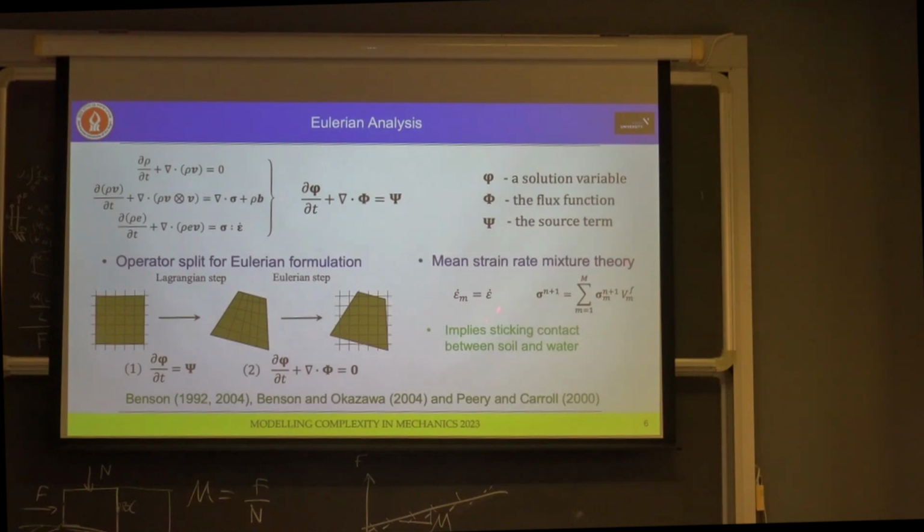It assumes that the strain rate within each element is the same for each material which comprises the element. So indeed what we have is the sticking condition. It implies the sticking contact between all the materials within the element, or particularly soil and water. So we have to take it into account somehow.